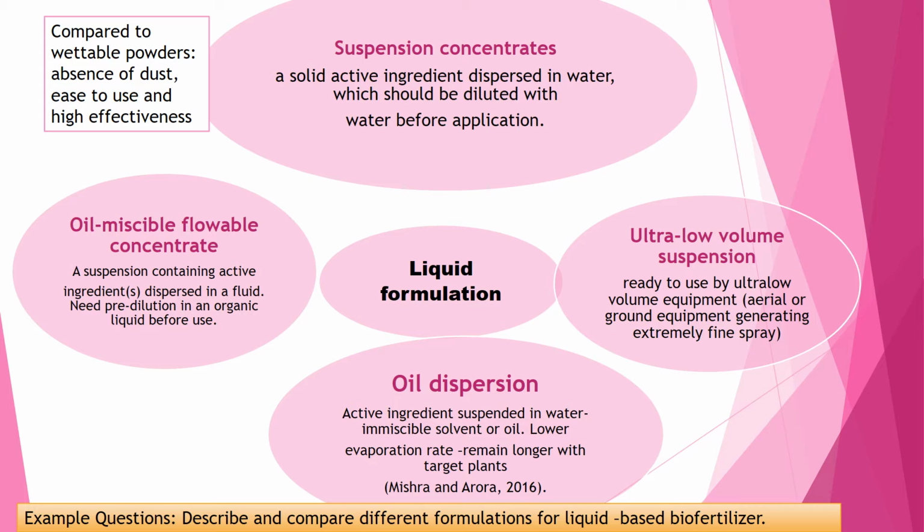This will have a lower evaporation rate and can remain longer on target plants, mainly because it is protected by the oil layer as a solvent to protect the MI. So an example of a question: you have to describe and compare different formulations for liquid phase biofertilizer. 1, 2, 3, 4. Okay.